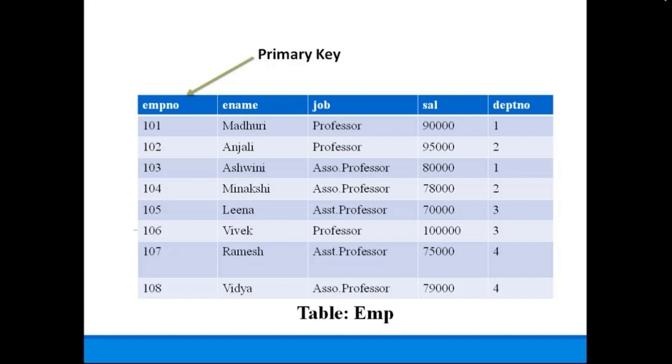No, because employee number 102 is already in the employee number column, and as we have defined the employee number column as a primary key column, it will not accept repeated value. So in this way, primary key column maintains data integrity.